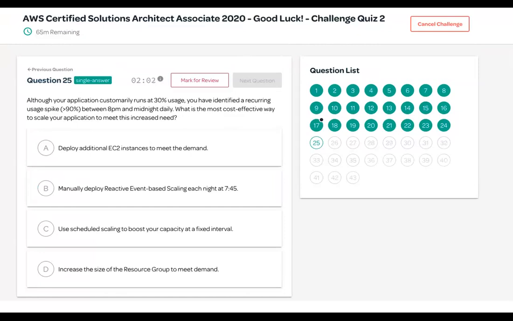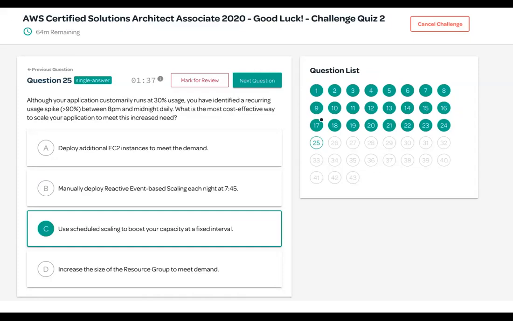Although your application customarily runs at 30% usage, you have identified a recurring usage spike of more than 90% between certain times, 8 a.m. to midnight. What is the most effective way to scale up? You can schedule it, basically, because the other option says deploy additional resources, which is not good because you keep unutilized resources.